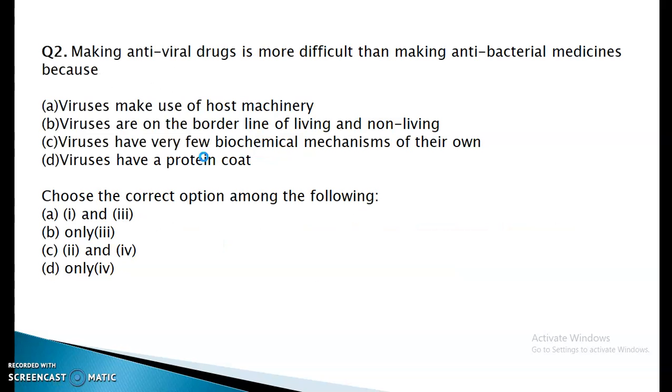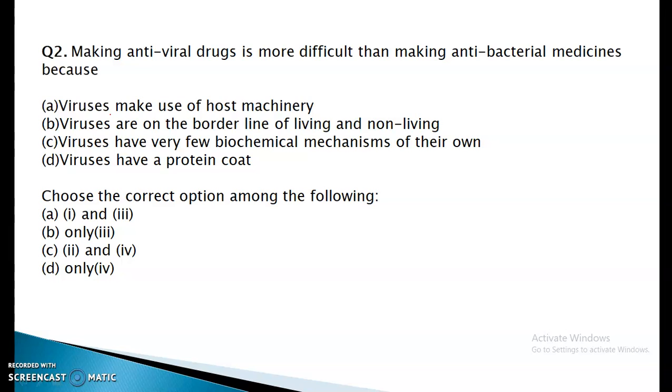Fine. The next question is: making antiviral drugs is more difficult than making antibacterial medicines because, options are: A, viruses make use of the host machinery; B, viruses are on the borderline of the living and the non-living; C, viruses have very few biochemical mechanisms of their own; and D, viruses have a protein code.